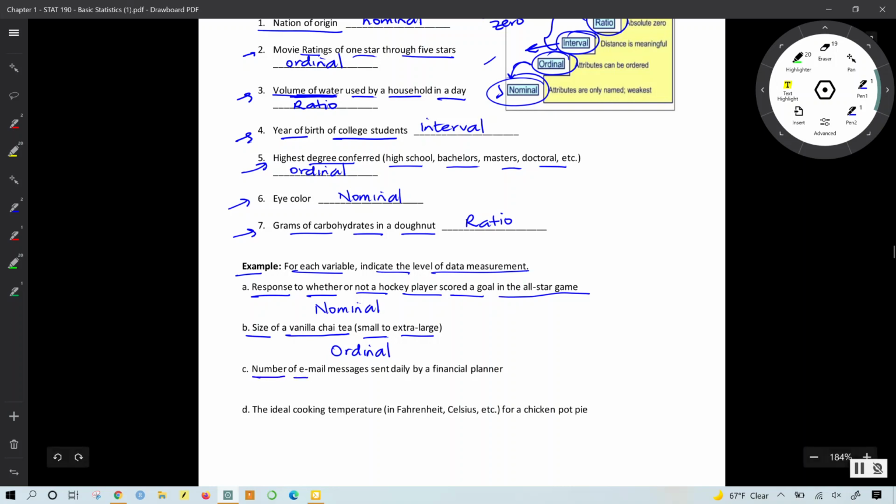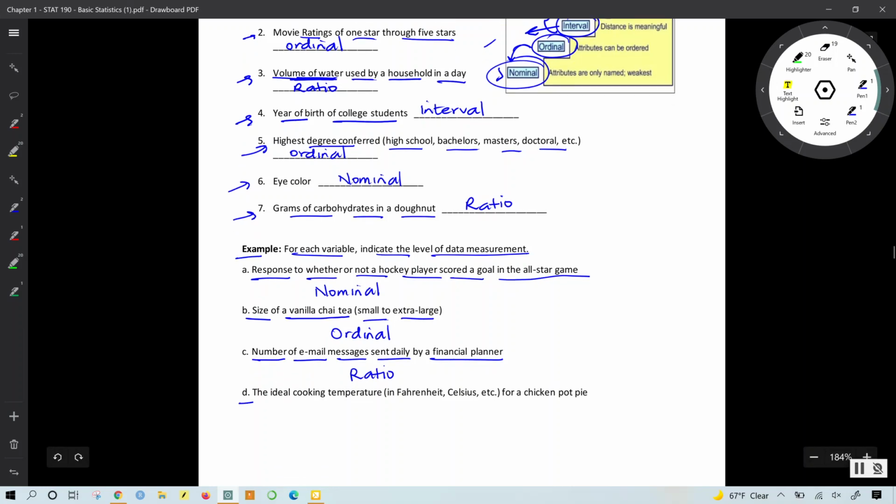Then what about number of email messages sent daily by a financial planner? This is numerical, so it has to be a battle between interval and ratio. It is definitely ratio, because if it is 0 email messages, then it means absence of email messages sent daily.